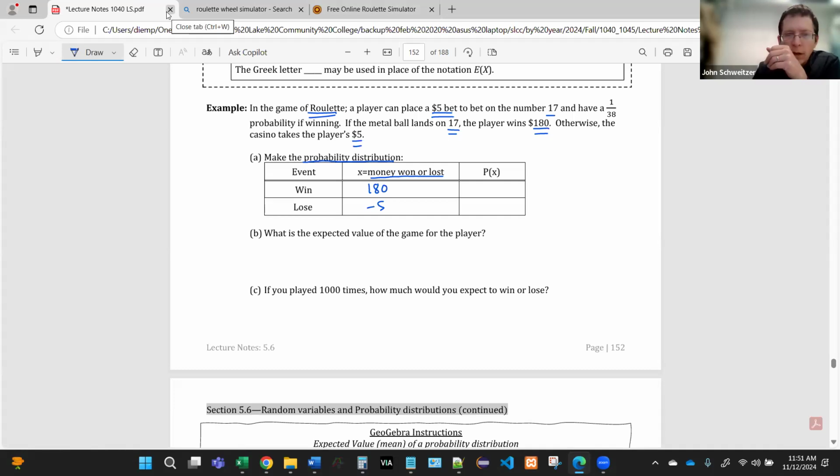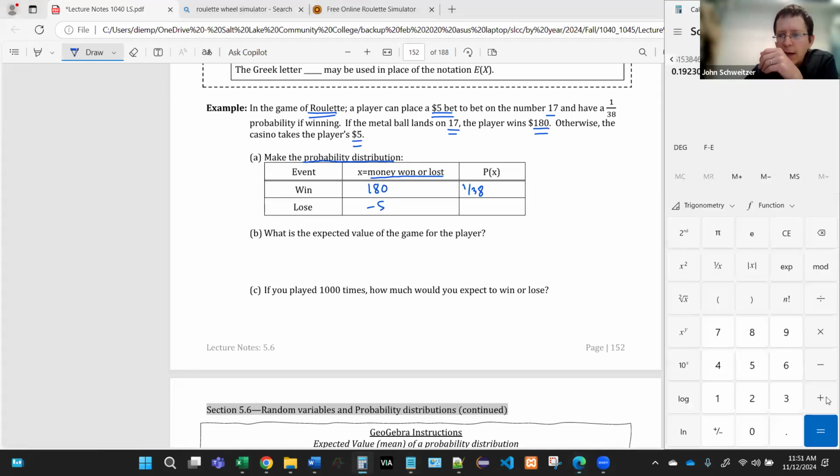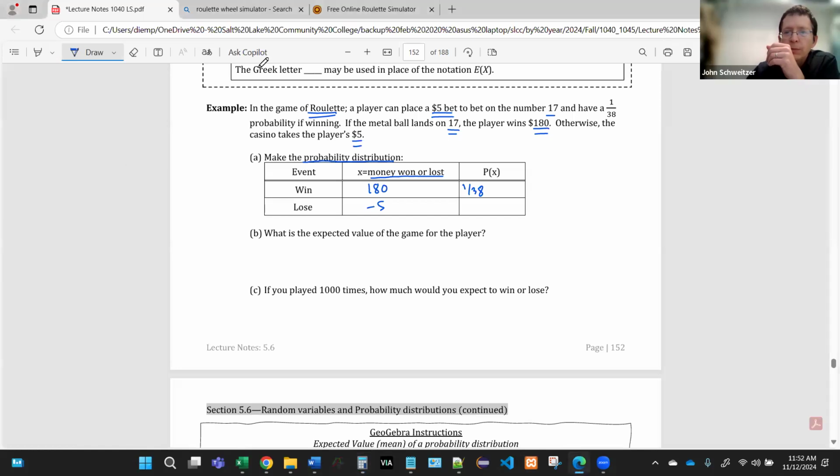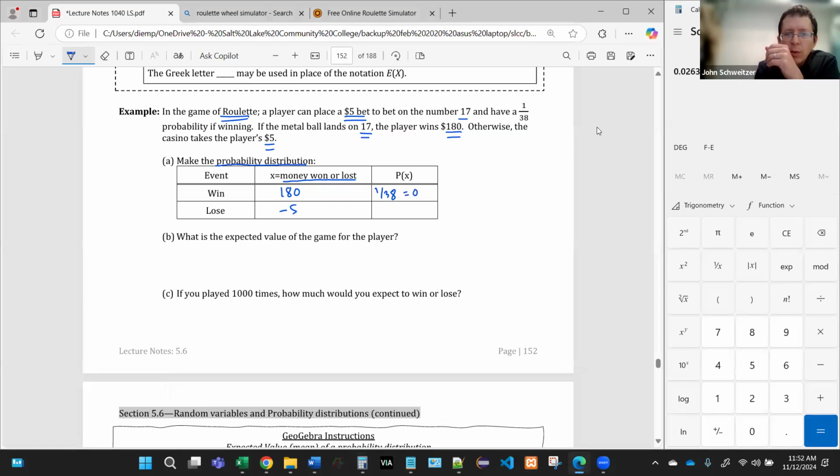That doesn't sound like great odds. The winning probability is 1 out of 38. Let's turn that into a decimal: 1 divided by 38. So it's not super likely that you win when you play roulette once. That's going to be 0.02632.